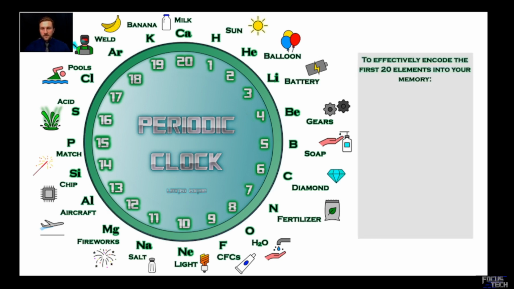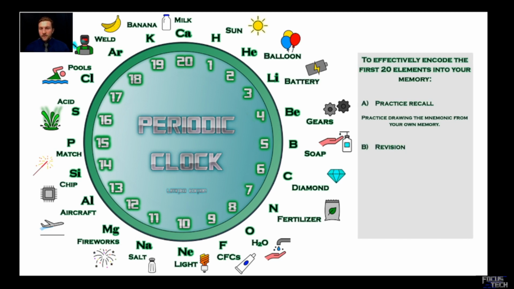So, some tips for effectively encoding or learning the first 20. First one, recall. You must practice recall. It's a natural brain phenomenon. You need to enhance your memory by practicing recall, which is pretty much drawing out the clock over and over until you learn it in its entirety.